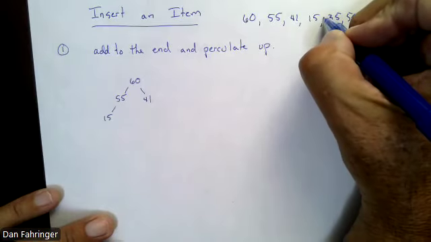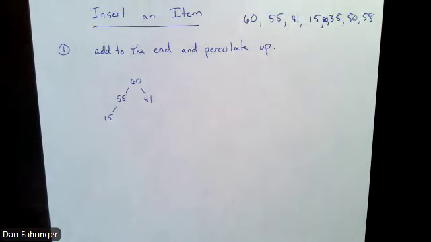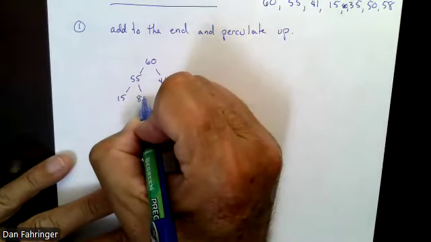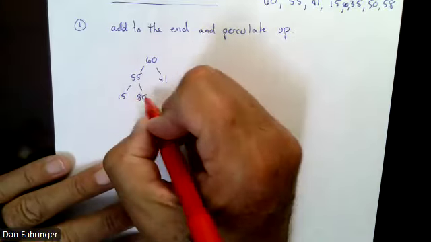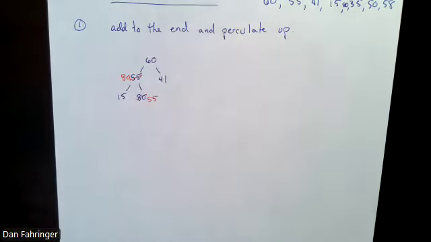But if I added another number, and we can do that right now if you all want. After 15, we're going to add 80. So I messed up our list. We're putting in 80. So my next location is here, and I go, uh-oh, this is no longer a heap. I need to percolate up. Well, when I percolate up, 55 goes here, 80 goes there.